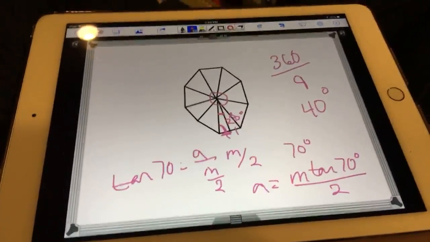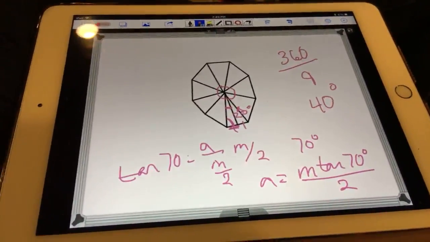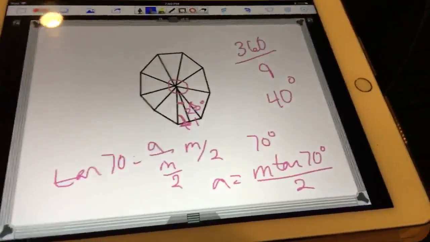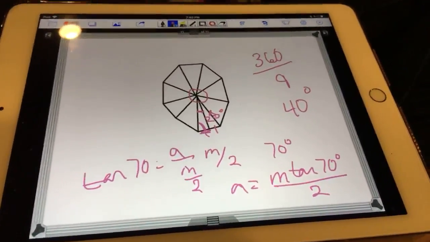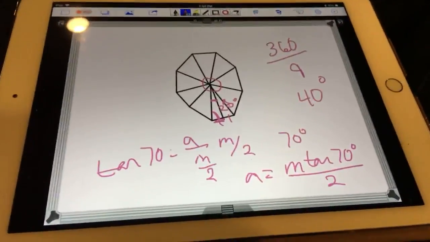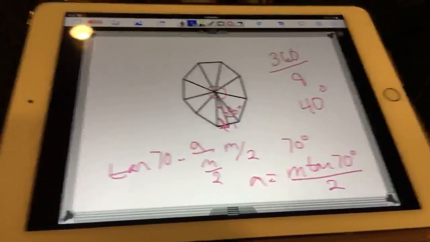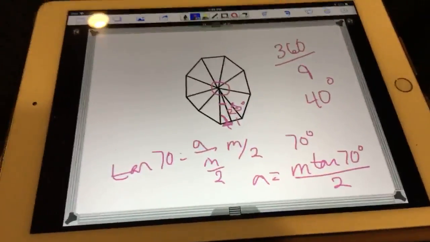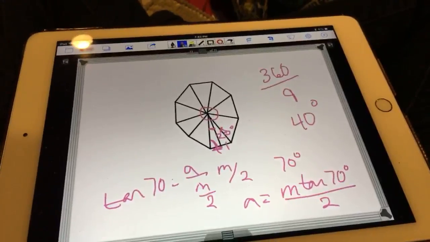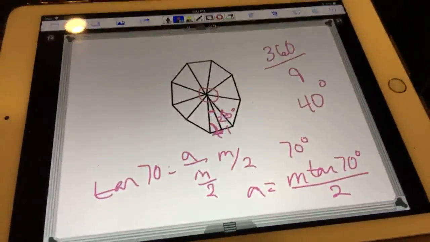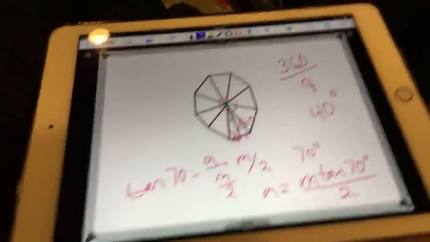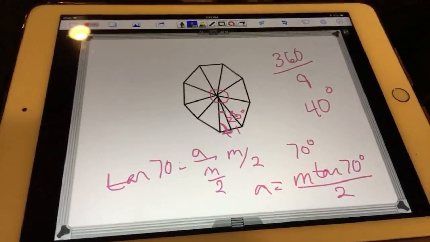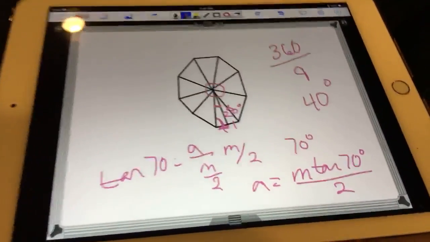All right, Atia, so you're good. Is that the final answer? Yes, it is. What is the formula for the apothem? There isn't really one. You're going to find it by doing that process that I just showed you. In some polygons, the apothem is really easy to find. In a square, for example, you basically don't even need the apothem. It's always going to be half the side length.